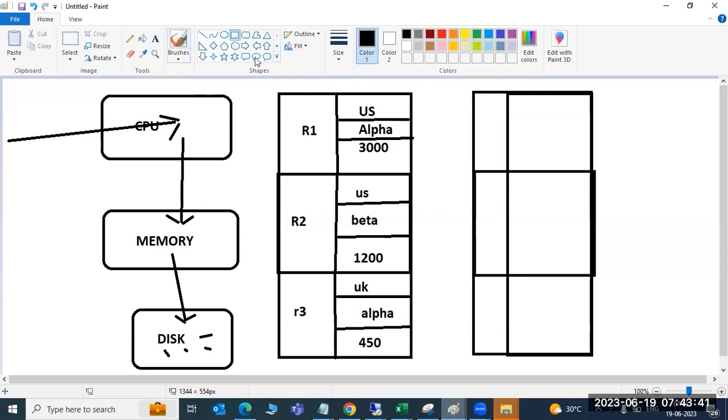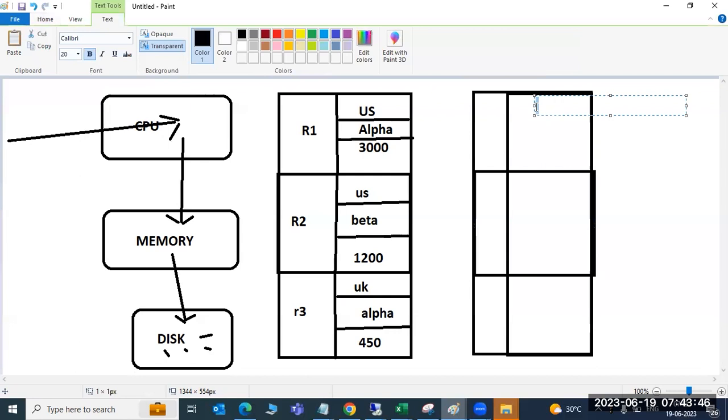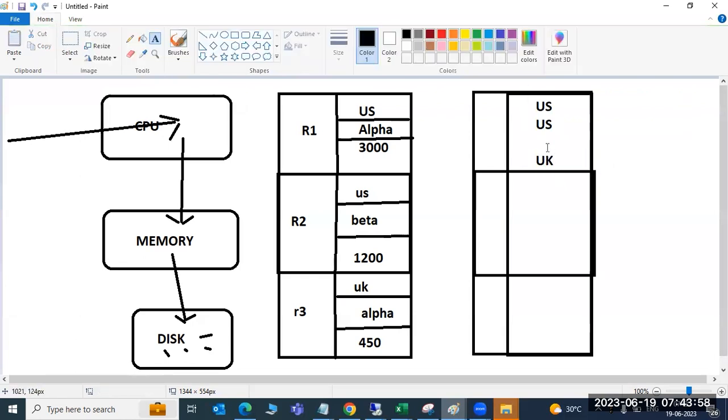Here the data will be stored like this: all the countries will be stored in one column. Maybe US, the next US, the next one is UK. All the columns will be stored in this way.